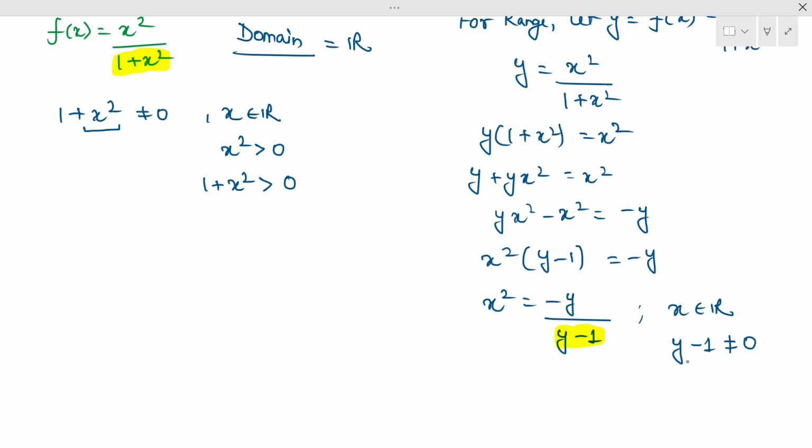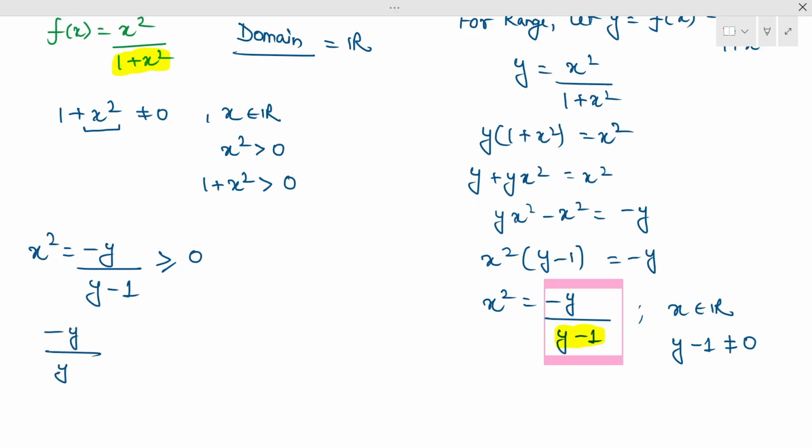So what can we do here? This number is x square, so can it be negative? X square is never negative, right? See this, x square, which is minus y upon y minus 1, should always be greater than or equal to 0. Now how can it be greater than or equal to 0?